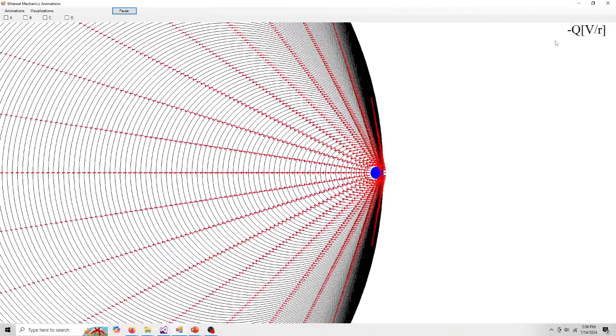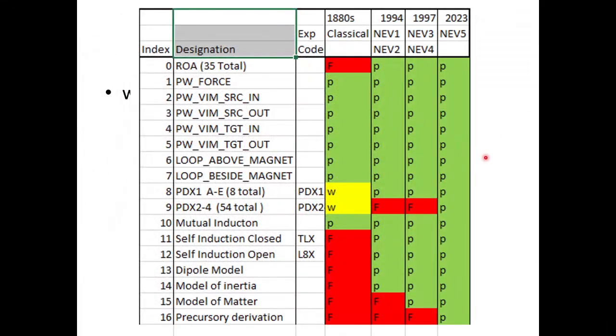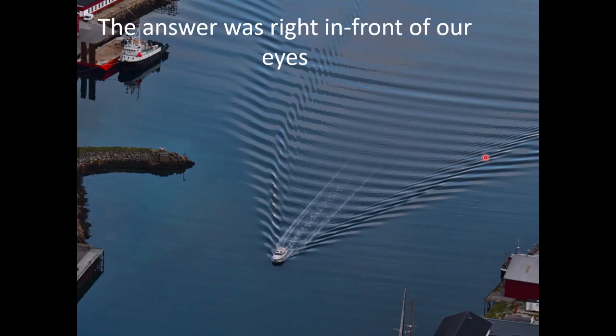Now, if you want to see some examples of this, we have plenty of examples in plain sight. When you have a ship coming in for harbor in calm water, you can see that as long as the ship keeps moving at the same speed, this V is going to look like it's moving with the ship. When in fact, once the ship creates the disturbance, that disturbance is moving relative to the medium, the water.